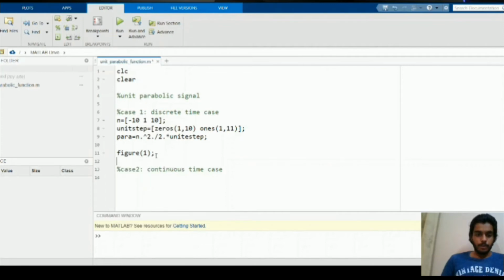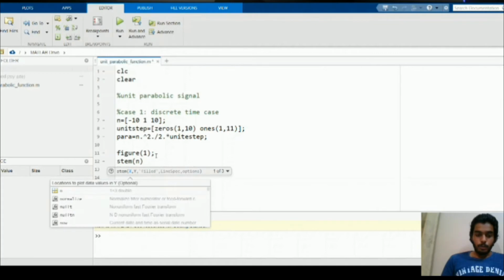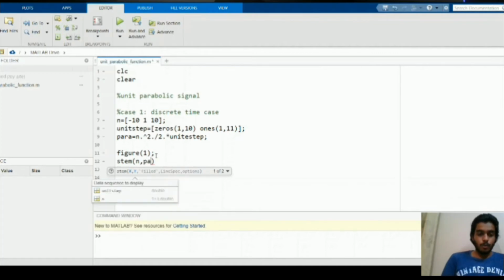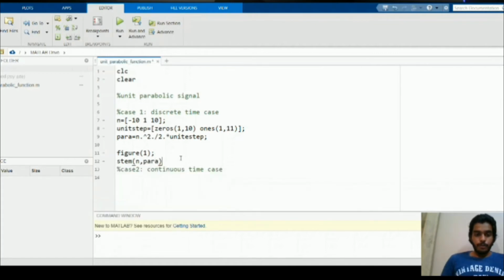Since it is the discrete case, we will give the command stem, and in order to plot the graph we need two axes, which are n and para, and we need the title.